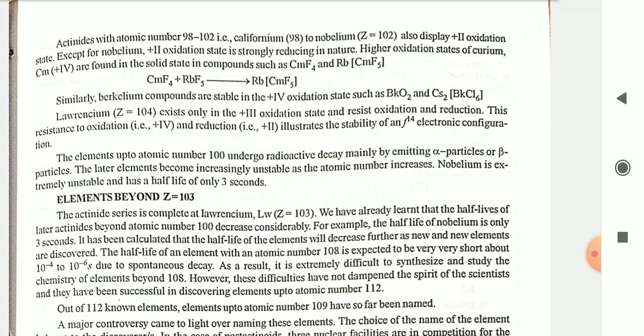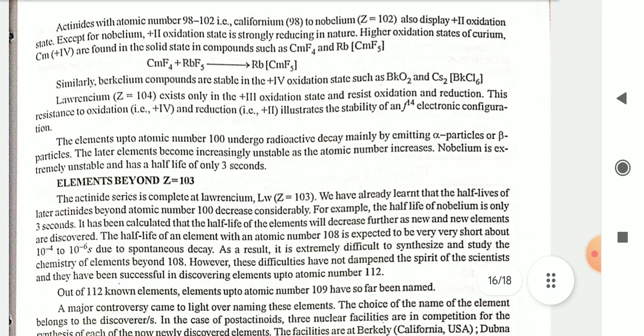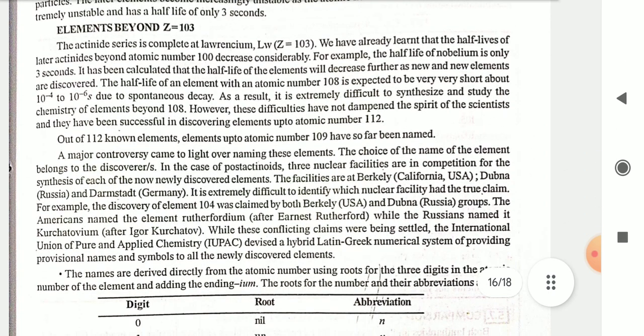Elements beyond Z equal to 103. The actinide series is complete at Z equal to 103. We have already learned that the half-life of the later actinides beyond atomic number 100 decreases considerably. For example, the half-life of nobelium is only 3 seconds. It has been calculated that the half-life of elements will decrease further as new elements are discovered.